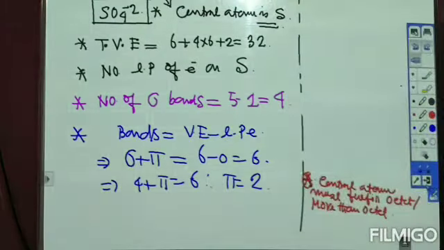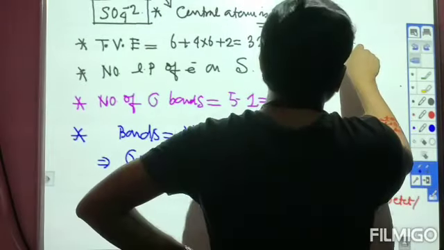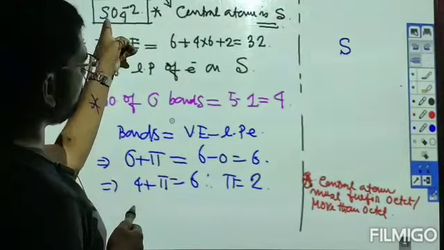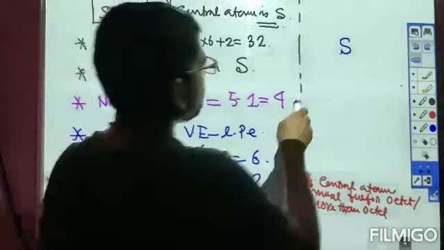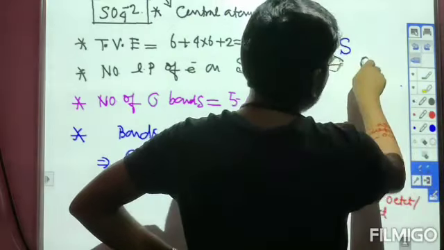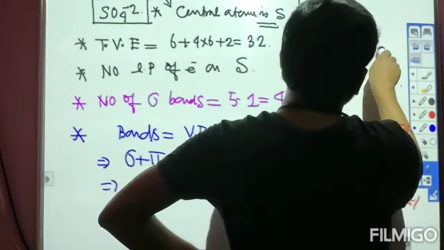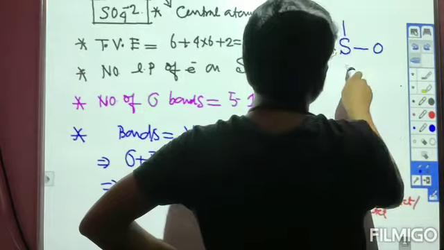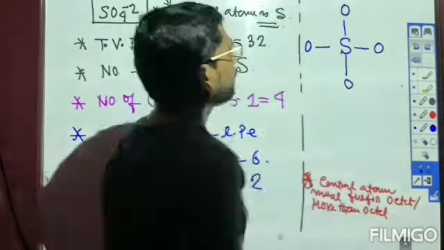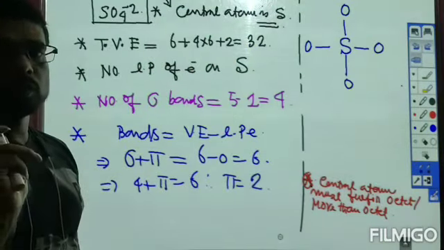To draw the structure, okay, sulfur is the central atom. Sulfur forms 4 bonds, 4 sigma bonds. Oxygen. 2 pi bonds.